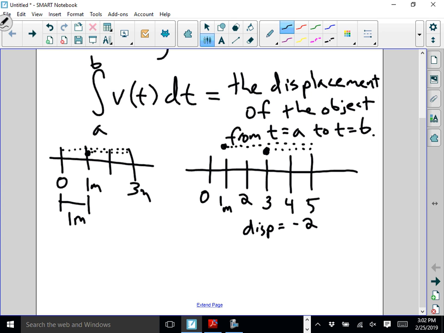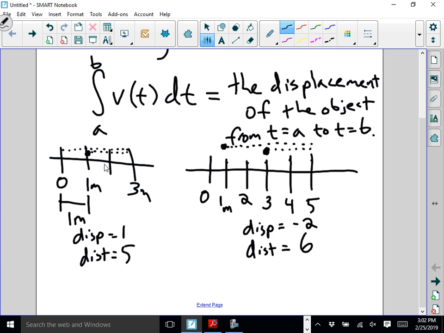Again, here, my displacement was 1. My distance was, what did I say, 5? Here, your displacement is -2. Your total distance traveled would be 1, 2, 3, 4, 5, 6. Your total distance would be 6. Total distance traveled is always going to be a positive number. Okay, displacement could be positive or negative, or 0.